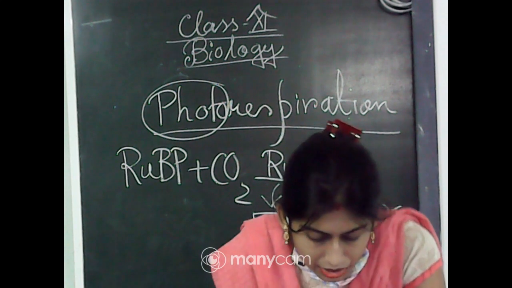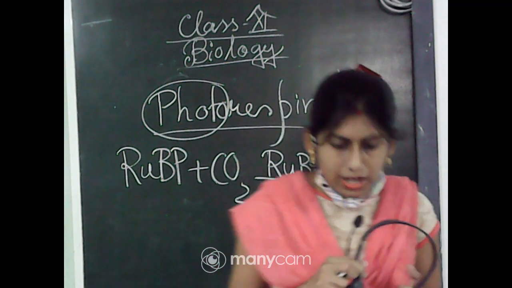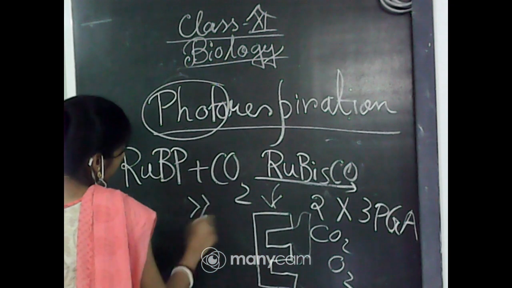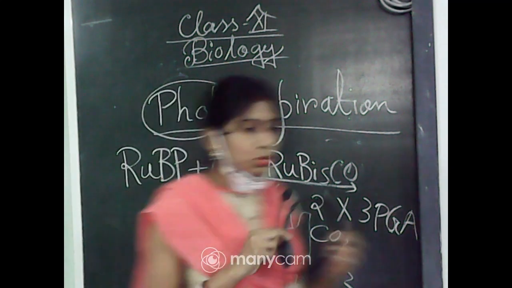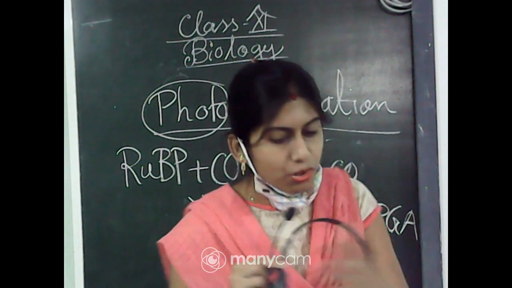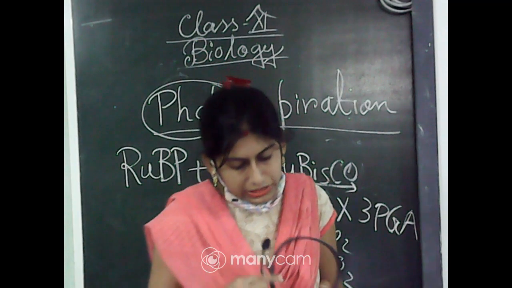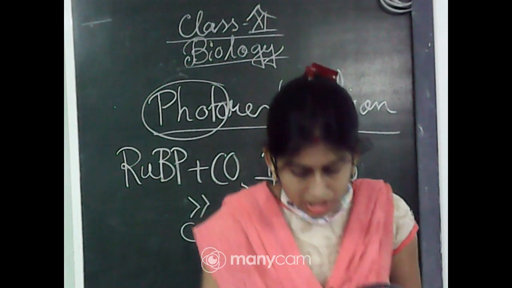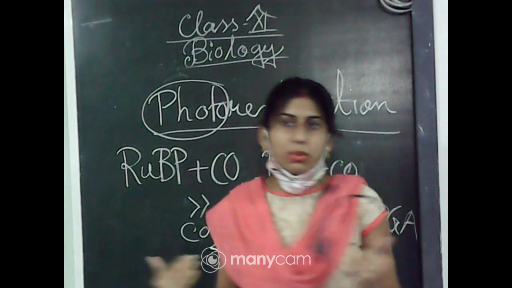So, Rubisco has much greater affinity for carbon dioxide than O2. If you consider these two together, you will find that Rubisco has greater affinity for carbon dioxide than oxygen. Now, how will it be determined when it will bind?